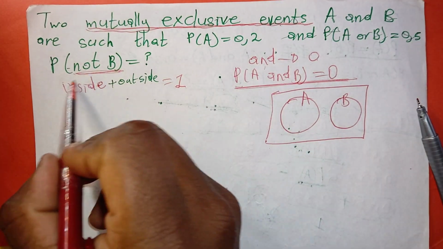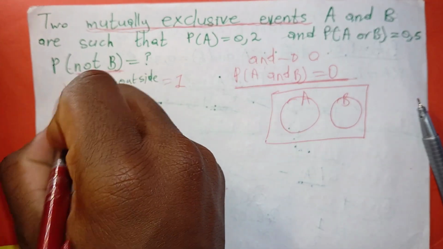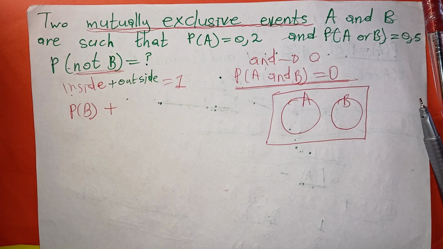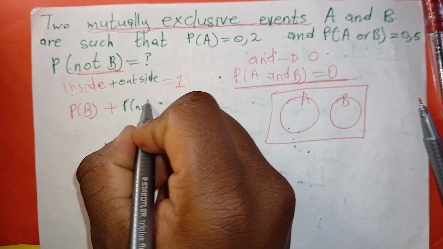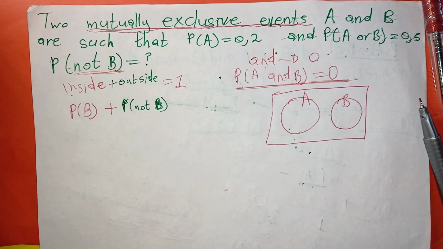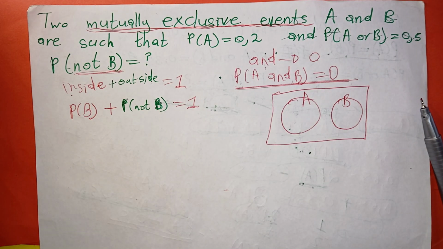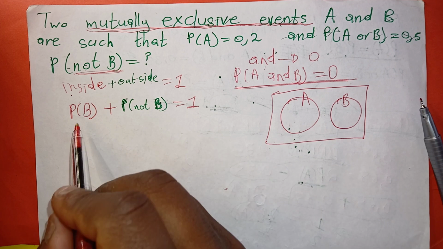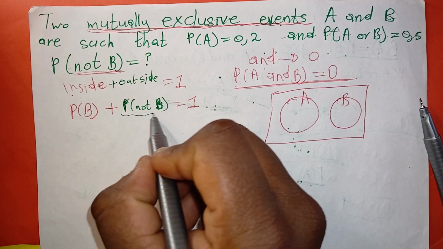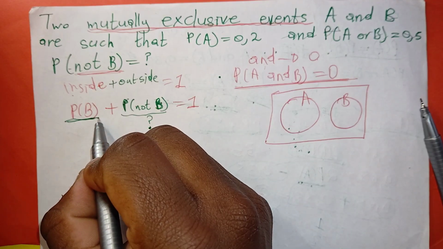And now when I'm referring to inside, I'm talking about B, and I say plus outside, which is not B. The moment you say not, you are talking about outside. Yeah, so now let's substitute, guys. So now if we have to substitute, check something, this is what we want to solve. And even this one, we don't know. Do you understand?